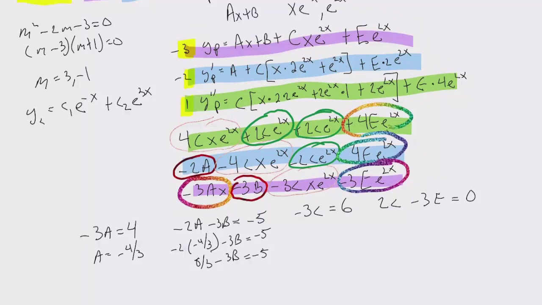So b is going to equal 23/9. c is negative 2. So 2 times negative 2 minus 3 times e equals 0. So that's negative 4 minus 3e equals 0, so e should be negative 4/3.